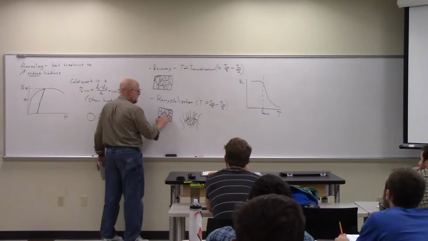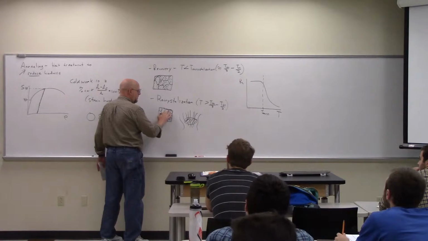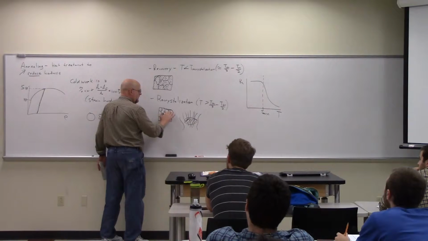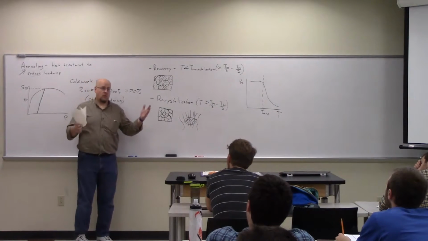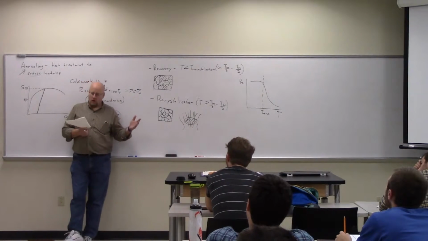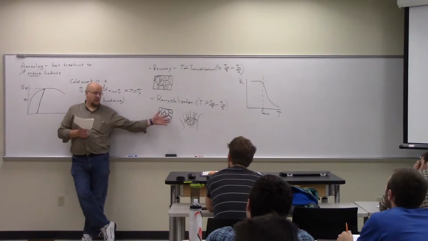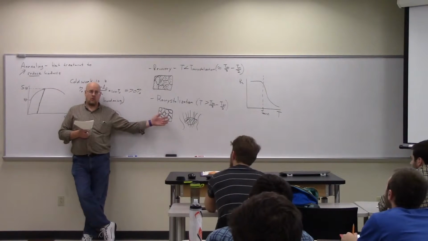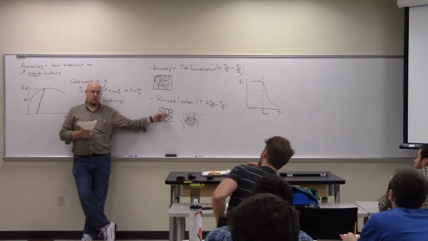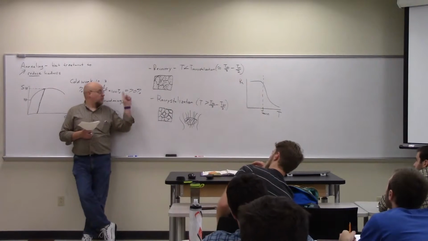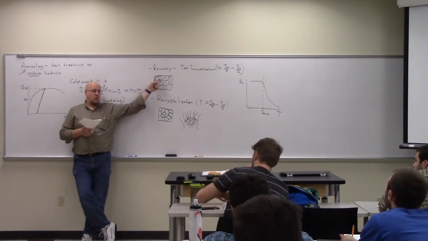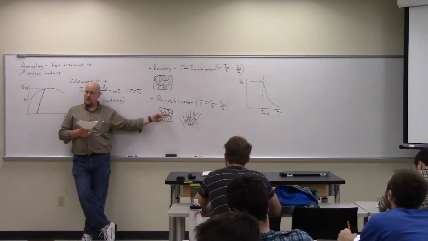This would still be harder than the original. Which would still be harder than the original, yes, if the cold work was bad enough to be nice and uniformly distributed. So increasing levels of cold work mean that I'm going to have smaller and smaller grains in my annealed piece. If I have more cold work, then there's more dots, and I'm going to have even smaller grains after annealing.